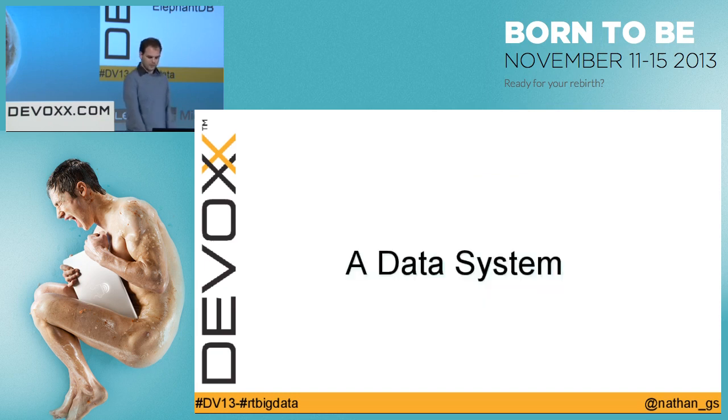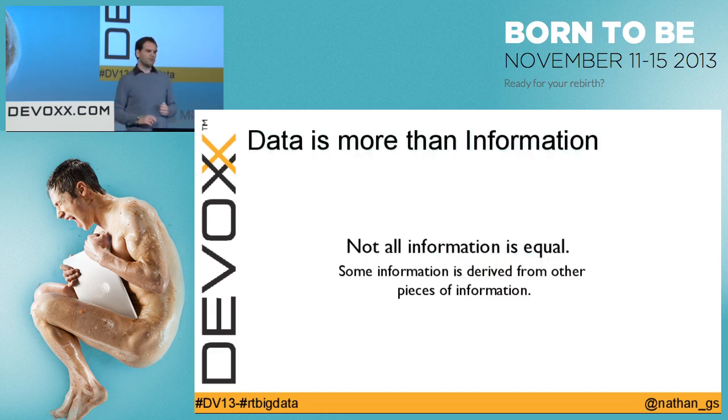What I'm going to talk to you about now is a data system. So let's first define what data is. Data is actually a lot more than just information, and not all information is equal. If you start digging deeper, a lot of information is actually derived from other pieces of information.